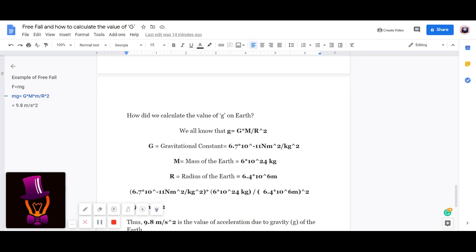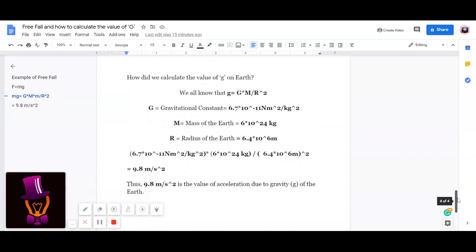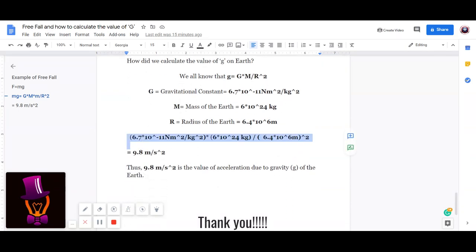Capital M, the mass of the Earth, is equal to 6 into 10 to the power 24 kg. R, the radius of the Earth, is 6.4 into 10 to the power 6 meters. It is very important to write down the given quantities before solving the numerical. These are all the given things you're supposed to write.